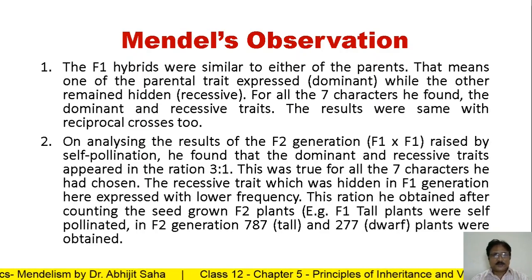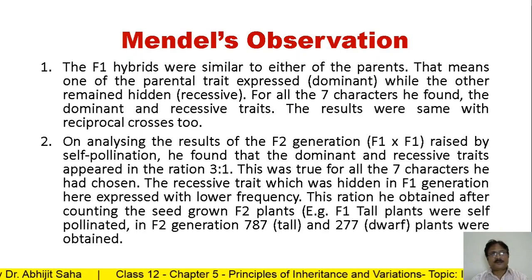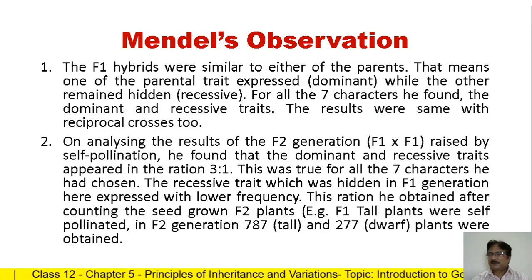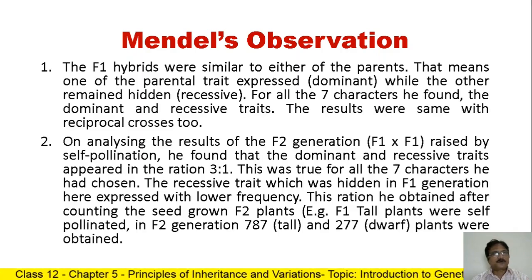Now, again, let us go back. In the parental combinations, where tall plants were crossed with dwarf plants, there was no dwarf plant in the F1. So F1 plants were all tall. Now, when tall plant was crossed with tall plants, what should be the result? Here, he found 75% were tall and 25% were dwarf.